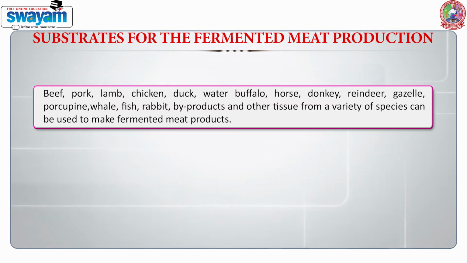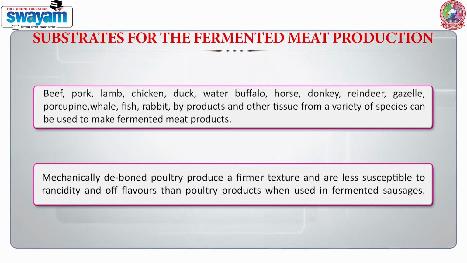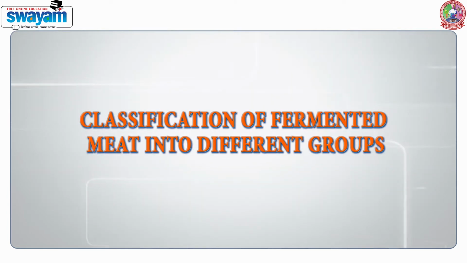Mechanically deboned poultry produces a firmer texture and is less susceptible to rancidity and off-flavor than other poultry products used for production of fermented sausages. So we can see that practically all types of animals can be used for the fermentation of meat products.